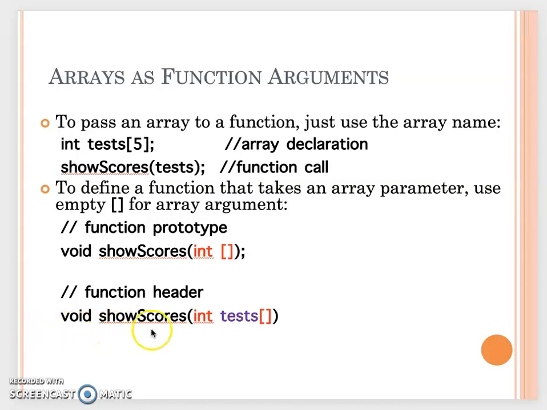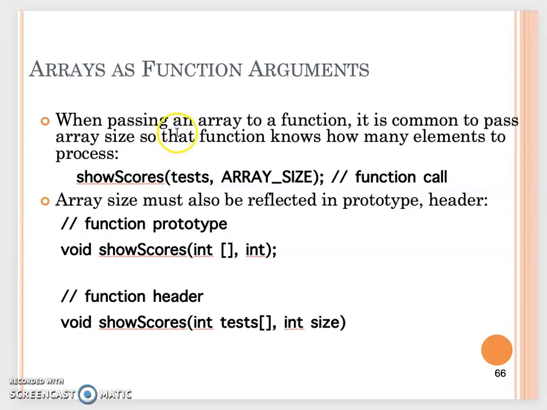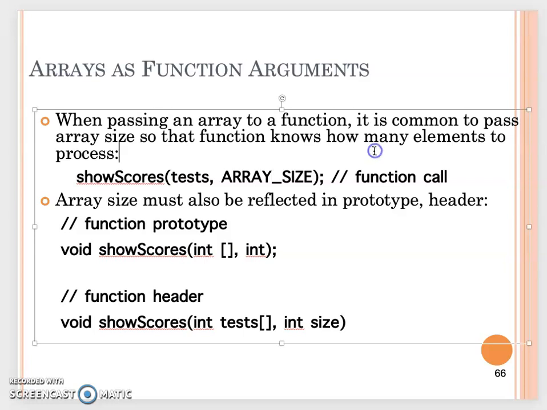When we pass an array to the function, at the same time we also pass in the array size. It's very common to pass in the array size so that the function knows how many elements to process. Of course, in our previous video, if we don't have the size, you can use the sizeof operator. But it's pretty common that we always pass the array size.